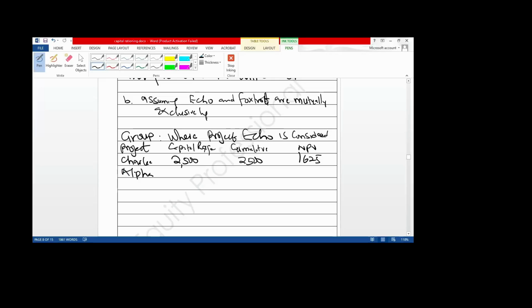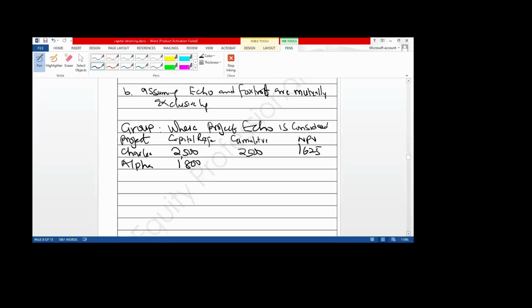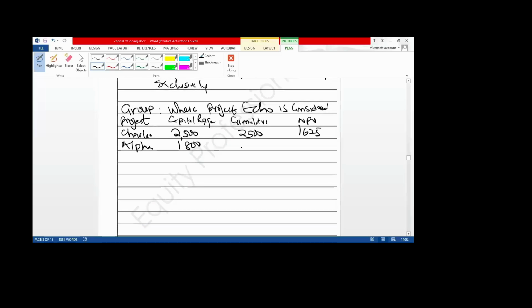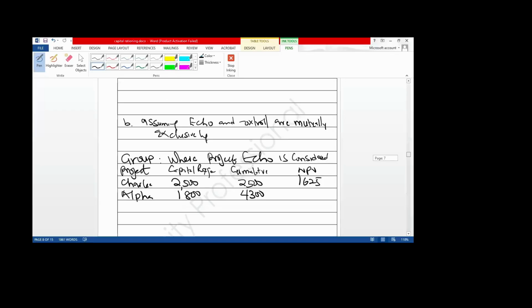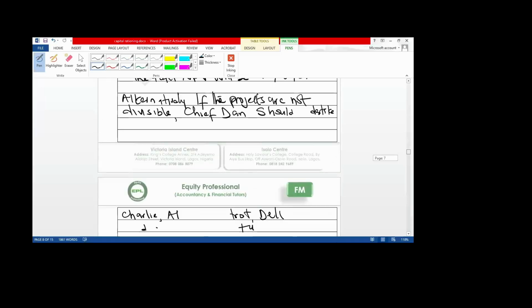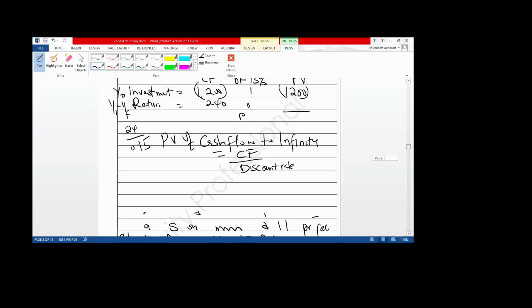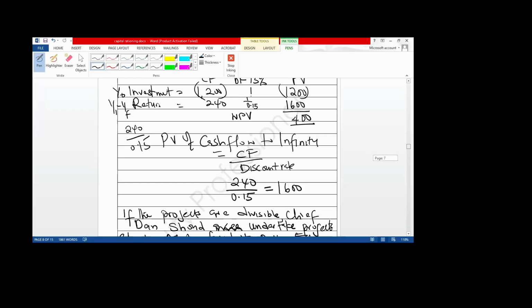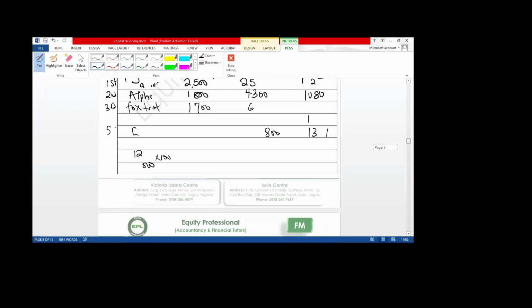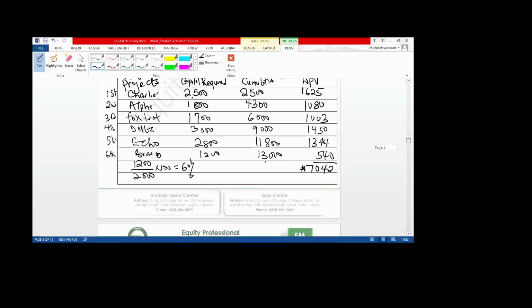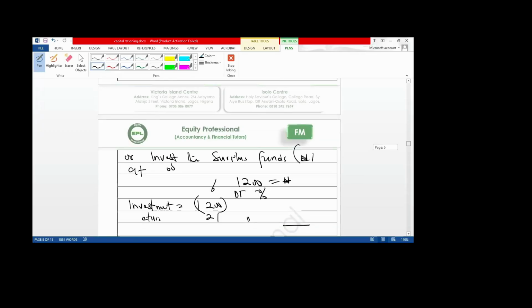You go to Alpha. Amount is 1,800. Cumulative is 4,300. NPV is 1,080.